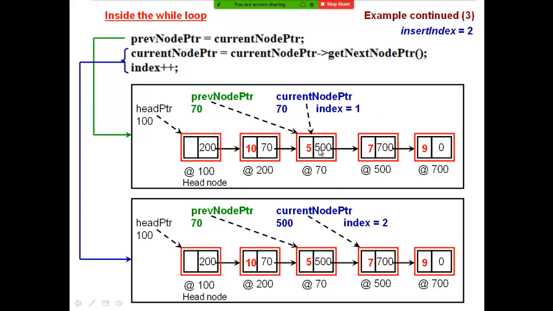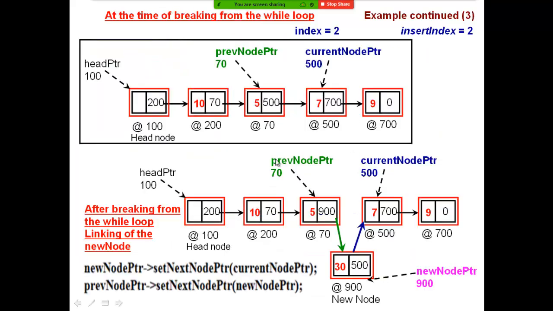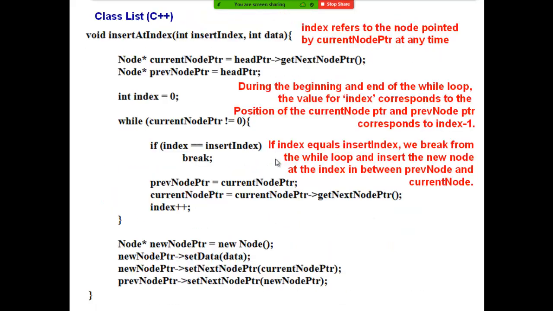So using current node pointer arrow get next node pointer, you can get the address of the node next to the current node, which is this 500, and that will be the new value for current node pointer, 500, and index is incremented from 1 to 2. So now when you go through the while loop, index equals insert index, so you break from the loop, and you reach now the code after the while loop where you're really inserting the new node.